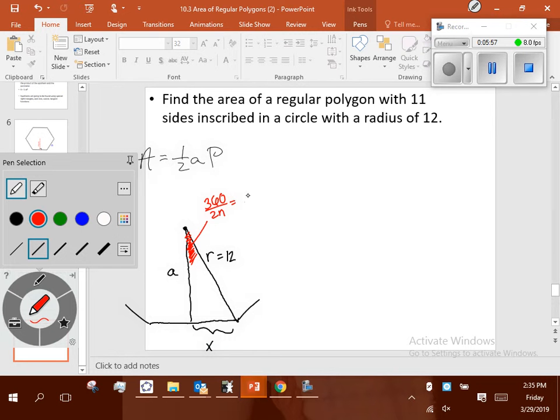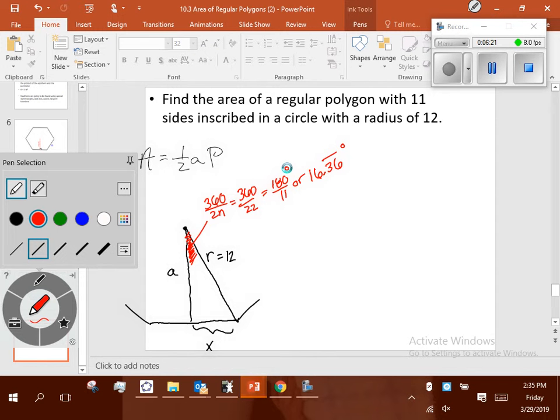And n is the number of sides you have, right? So it's an 11-gon. So it's going to be 360 over 22, which reduces to 180 over 11, or as a decimal, 16.36 repeating degrees. And both those are actually degrees. Is that okay? That's that angle.